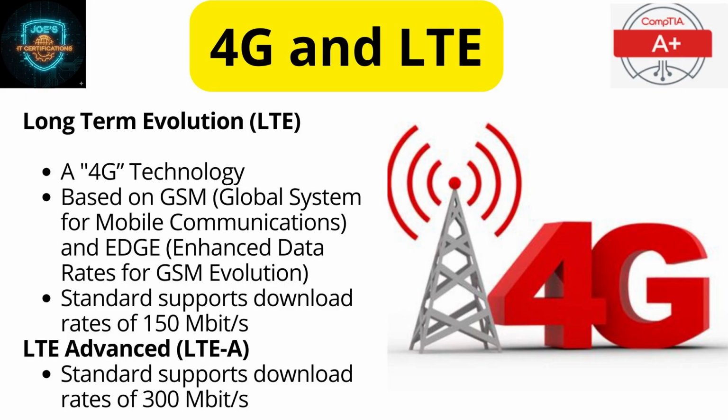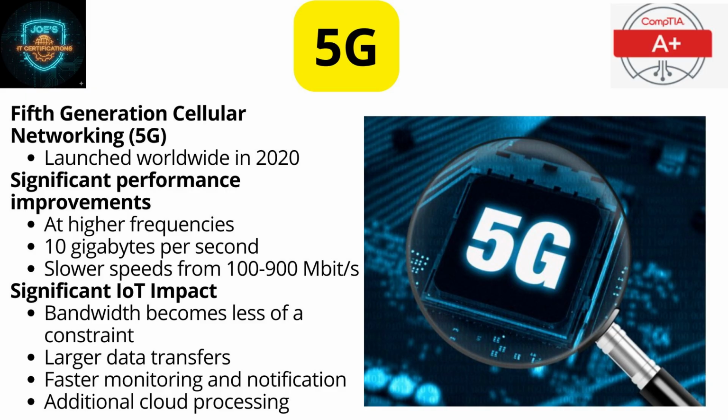We were then able to upgrade LTE to LTE Advanced, or LTE A. That standard allowed throughputs of up to 300 megabits per second, greatly increasing the amount of data we could send over these networks. And our modern mobile networks use our 5th generation of networking, or 5G. 5G was introduced in 2020, and it greatly improved the bandwidth that we were able to push over these networks.